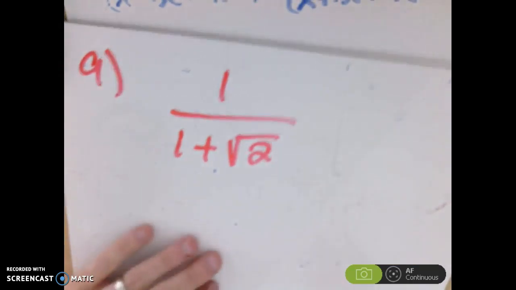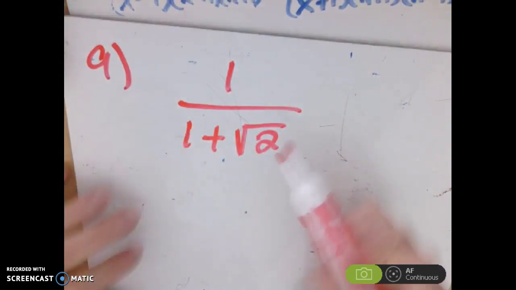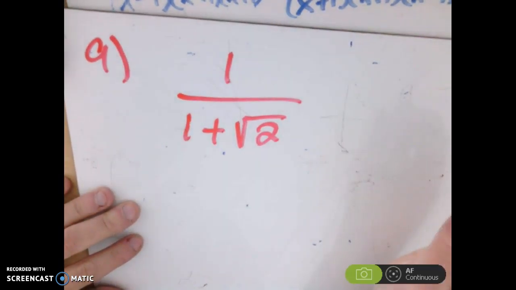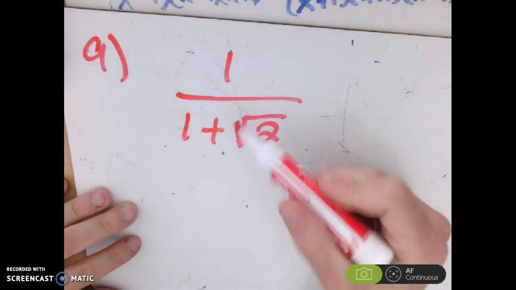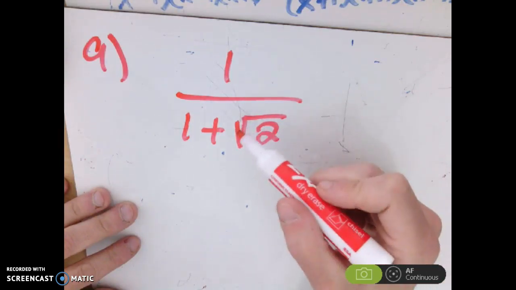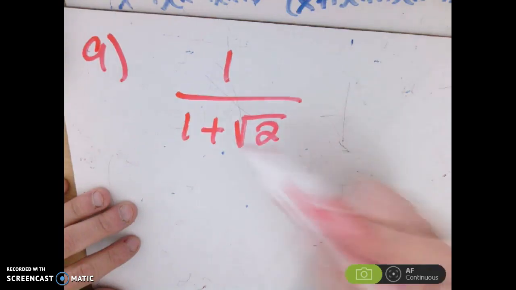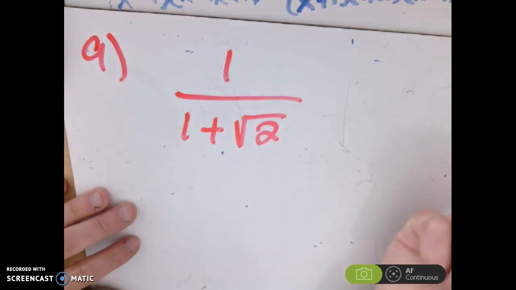So now on to example 9. I have this, and once again I have this radical and then I have the square root. Sorry, calling it a radical is a bad habit. Radical is just that symbol. I should be more precise, call it a square root. So I have the square root in the denominator, and I don't like that.